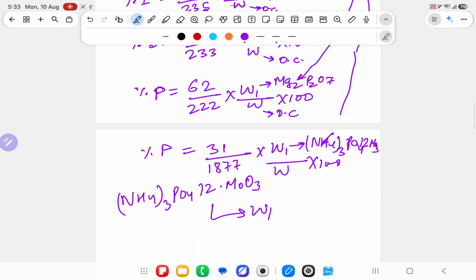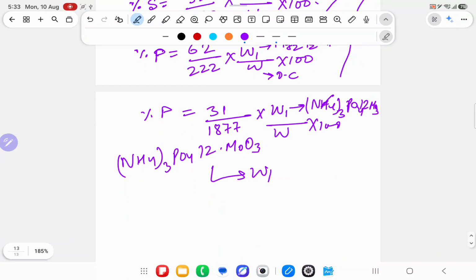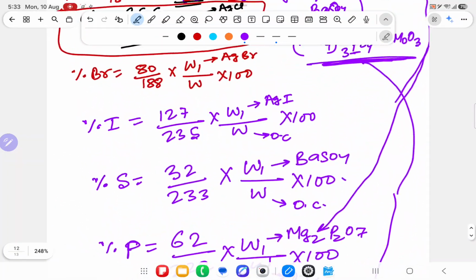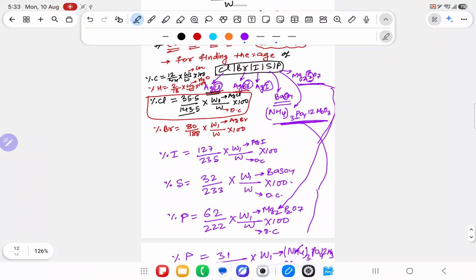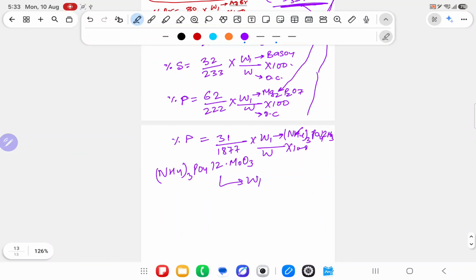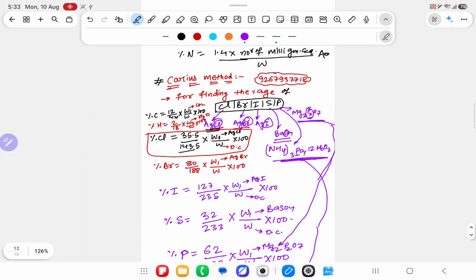Their weight is W1. Understood the point? Everyone, do I have to take some more revision? No. And in any question that comes, put the formula, get the result like this. I don't want to waste time on writing the question.